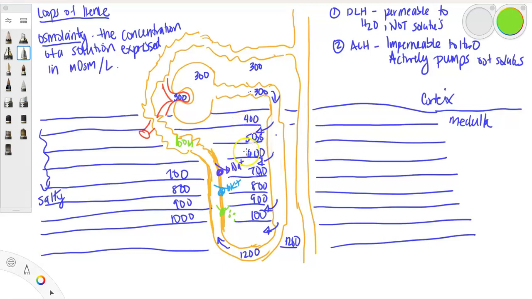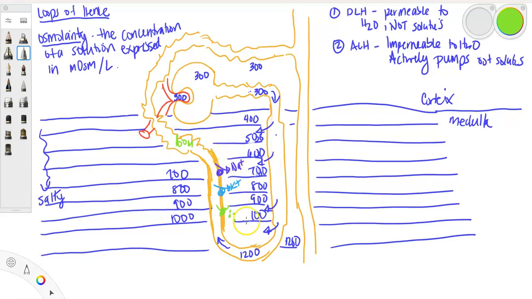Okay, so there's a reason too why the water doesn't dilute the interstitial space. Of course the water's going to the interstitial space, and we're having solutes pumped into the interstitial space, but there's also something else happening as well.